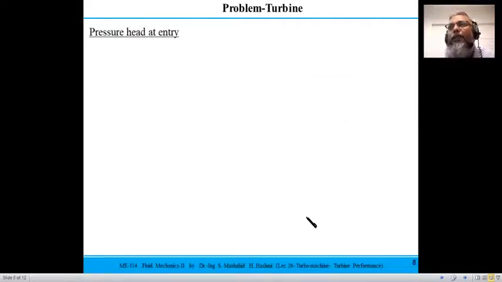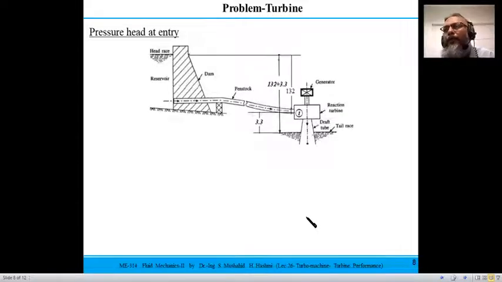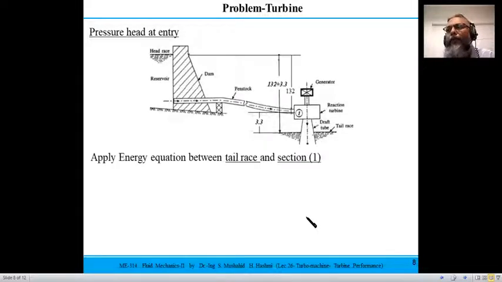That is the first part done, and the second part is to find the pressure head at the entry of the runner. This is our typical schematic, and we need to apply the energy equation between the tail race and section 1.